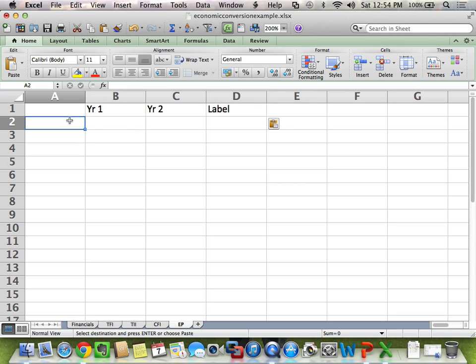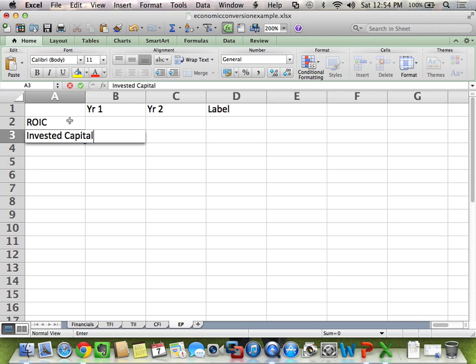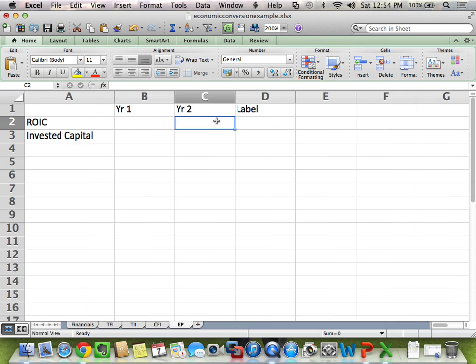So, to calculate economic profit, I need to know 2 things. I need to know my ROIC, and I need to know my invested capital. Do I know my ROIC? Well, in order to get my ROIC, what I really need is my NOPLAT and my invested capital, and that will get me my ROIC.